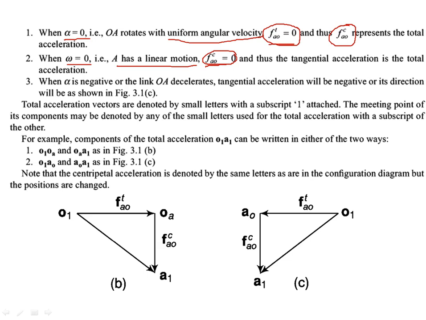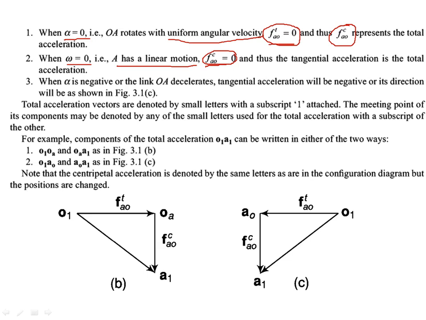The total acceleration vectors are denoted by the small letters with the subscript 1 attached. The meeting point of its components may be denoted by any of the small letters used for the total acceleration with a subscript of the other. For example, the components of total acceleration can be drawn in two ways.